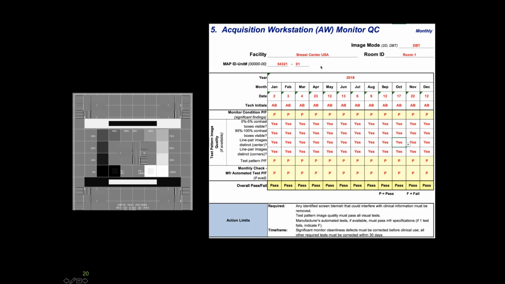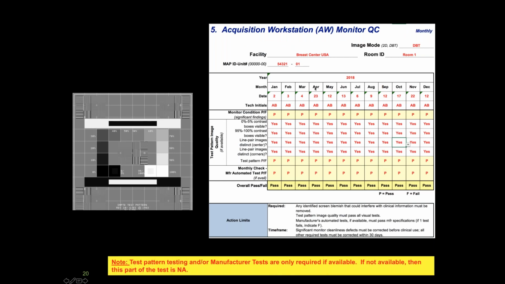So for acquisition monitors, we have separated that out as a separate monitor type test, and it looks like there's a lot here, but for some monitors, as people know, they are higher resolution, and they are sort of designed to be part of biopsy systems, so they have capabilities kind of like what the radiologist monitors have.